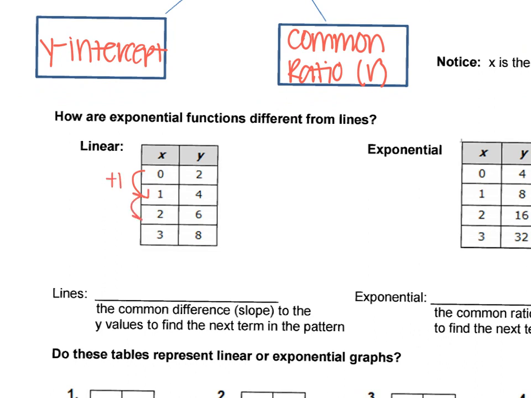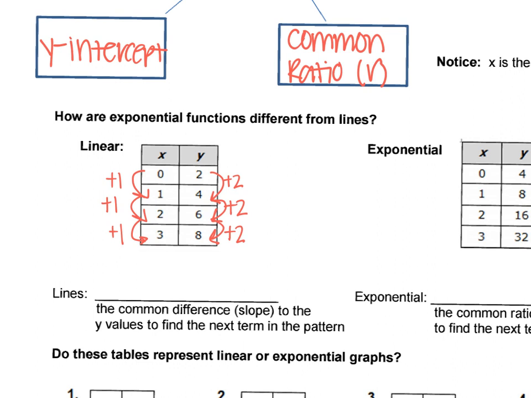To get from 1 to 2, we added 1. To get from 2 to 3, we added 1. Now, if you look at y, to get from 2 to 4, we added 2. 4 to 6, we added 2. 6 to 8, we added 2.